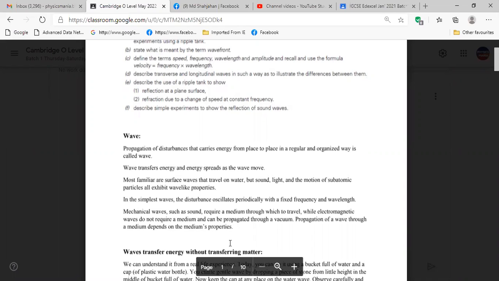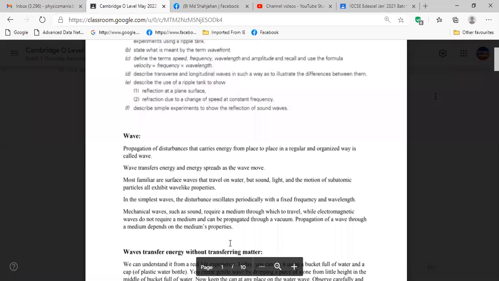Grossly, we can divide waves into two types, mechanical waves and electromagnetic waves, which we also call non-mechanical waves. In mechanical waves, we require particles to move. The particles vibrate, and by the vibration of particles, energy is transferred to the next particles, and this way the wave is propagating the energy.